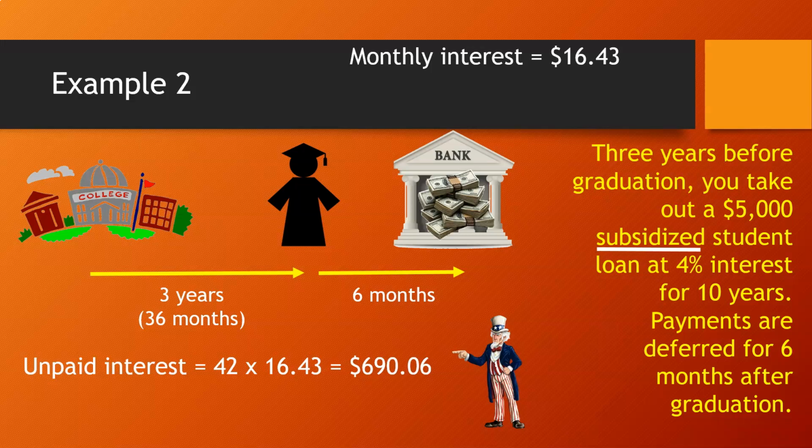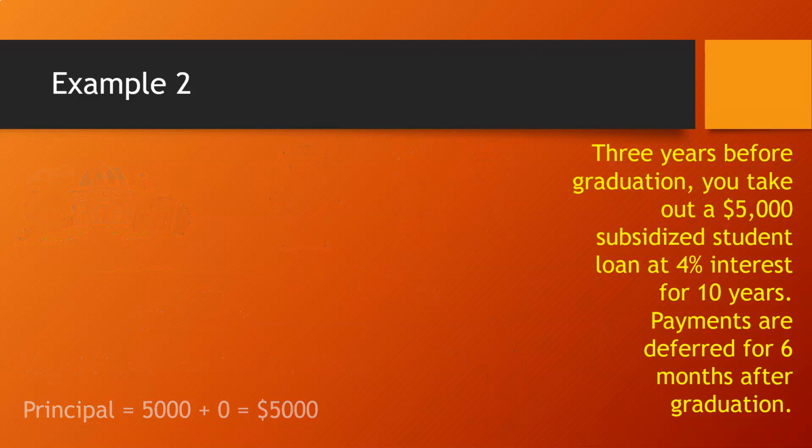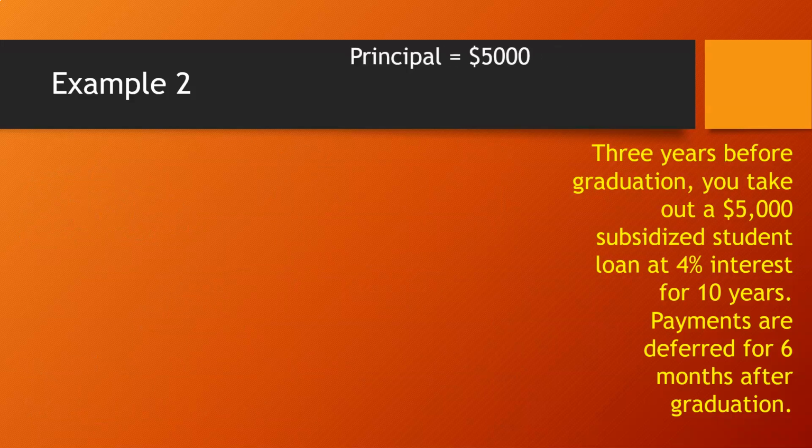So how much principal do you owe when you start paying the loan back? Well, you still owe the $5,000 that you borrowed, but you don't owe anything in addition to that. So your principal in this case is still $5,000. So what happens from here when we want to find out what the monthly payment is?